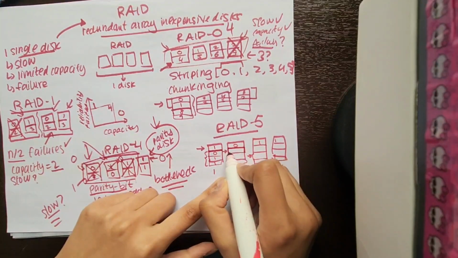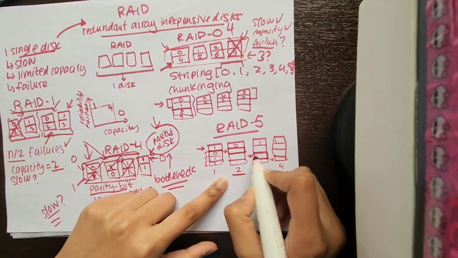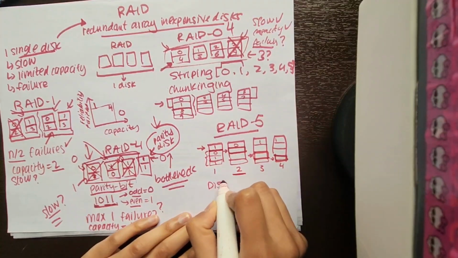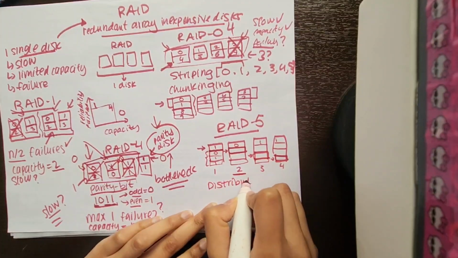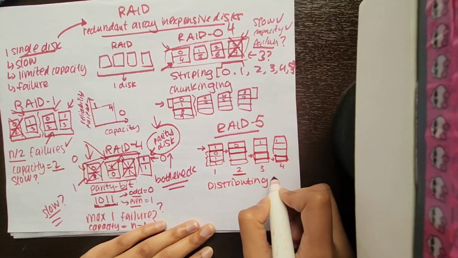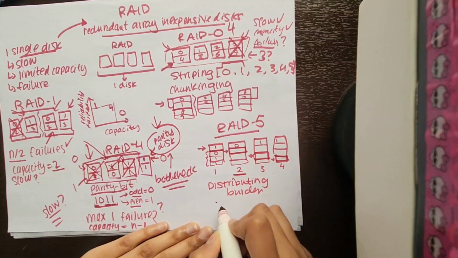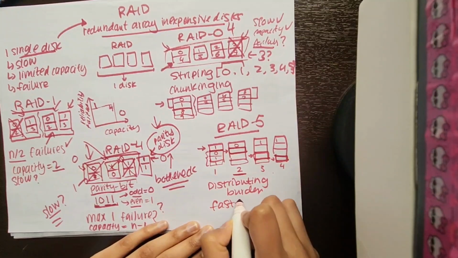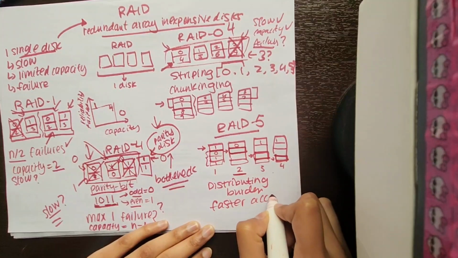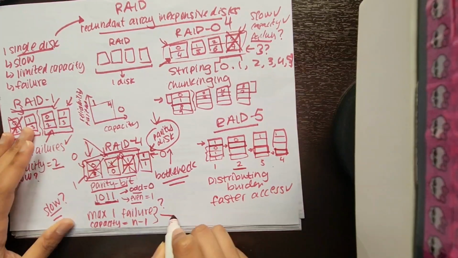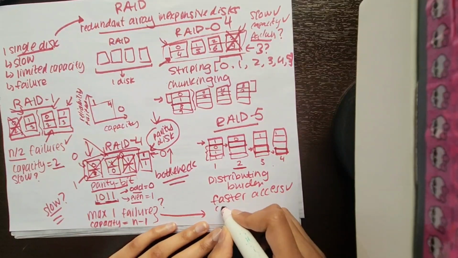So this is its parity bit. This is the parity bit for row 3, and this is the parity bit for row 4. So by distributing it, you're reducing the burden, right? So you can have faster access, and then this stays the same.